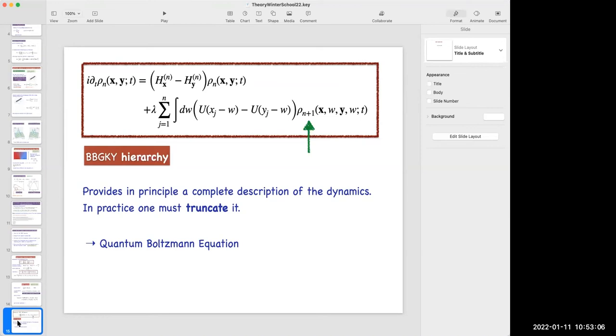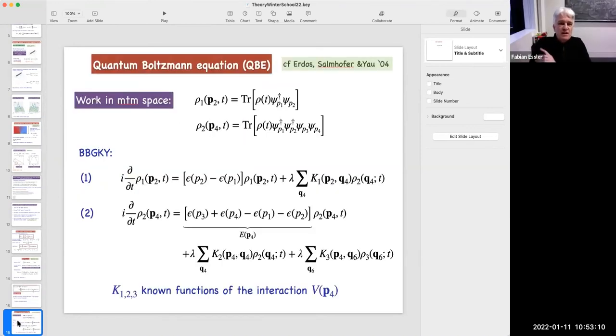There's a huge literature and industry about how to truncate this Bogoliubov hierarchy. The most prominent truncation scheme is the quantum Boltzmann equation. I'm going to sketch for you, and I stress sketch, how this is derived from the Bogoliubov hierarchy. I'm following a paper by Salmhofer and Yao from 2004.